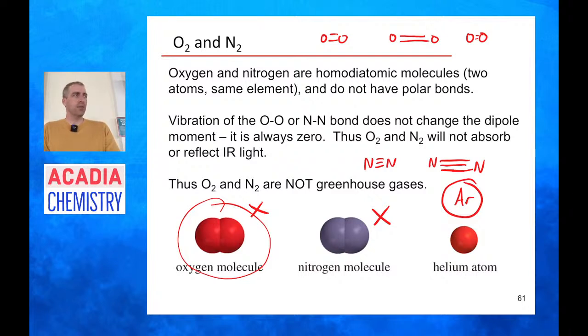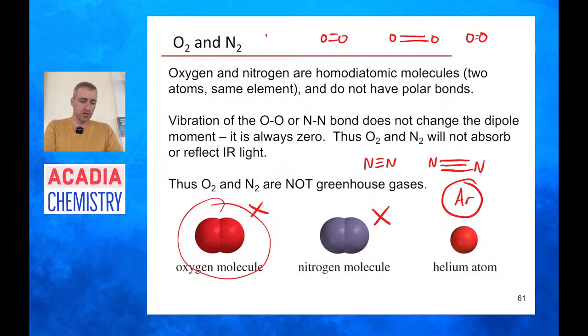And if they can't vibrate, they can't absorb infrared light either. So the top 3 gases in our atmosphere, oxygen, nitrogen, argon, none of those are capable of absorbing infrared light, which is fantastic because most of the energy the Earth is emitting goes up through the atmosphere and out into space. Perfect.